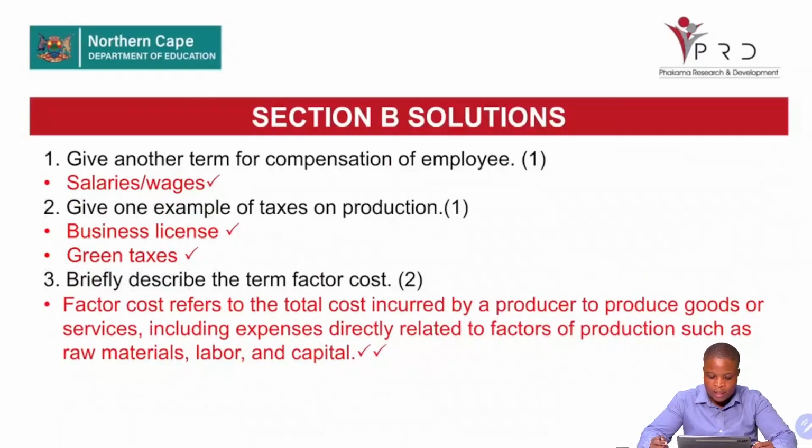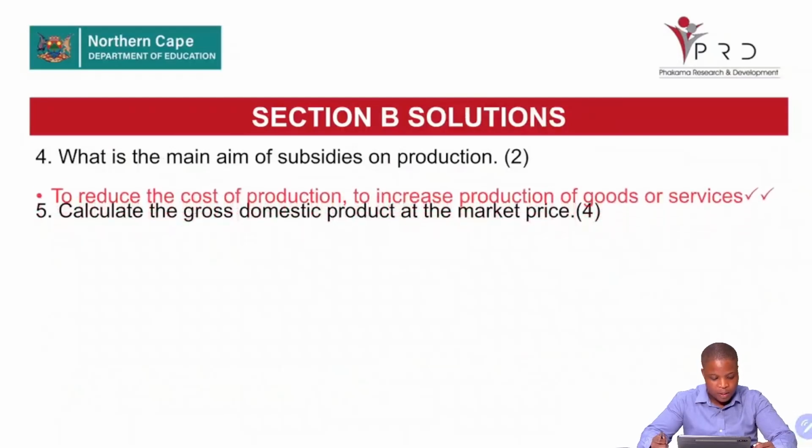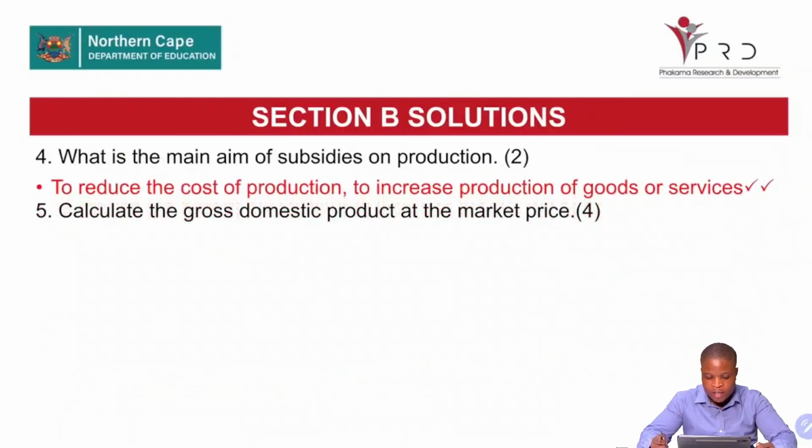It has to do with your raw material, capital, and labor. So it's the cost of what? The factors of production. What is the main aim of subsidies on production? So some businesses are being subsidized so that they can produce at a lower price, to reduce the cost of production, to increase production of goods and services. So we subsidize businesses so that they can produce more at a lower cost.